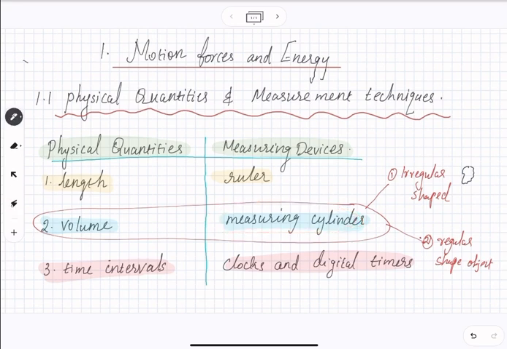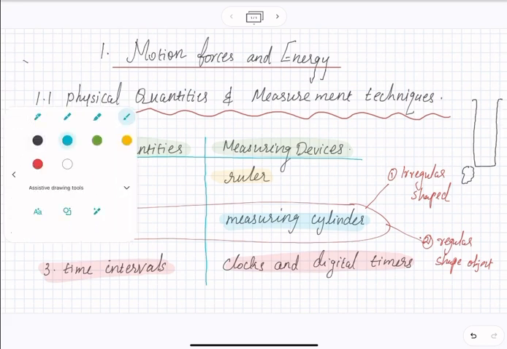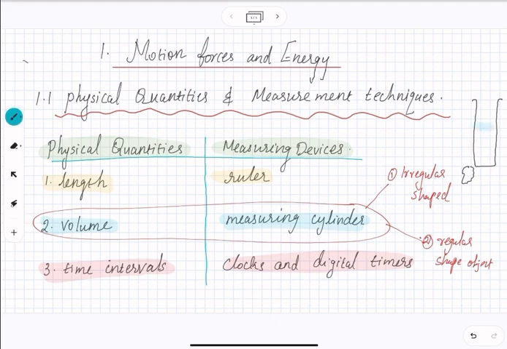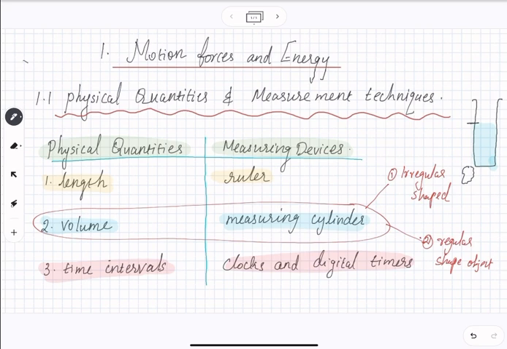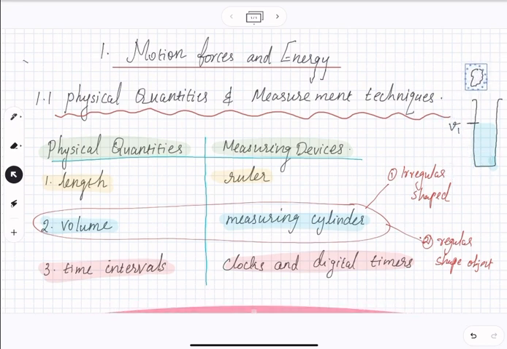So first take a measuring cylinder. Using a measuring cylinder, we can measure the volume of liquid, we know that, and it should be filled with a liquid. Now, initially measure the volume, that is initial volume, we can represent as V1. Then later what we have to do is, we have to immerse this object which is having an irregular shape, so that we can measure the volume of this object.